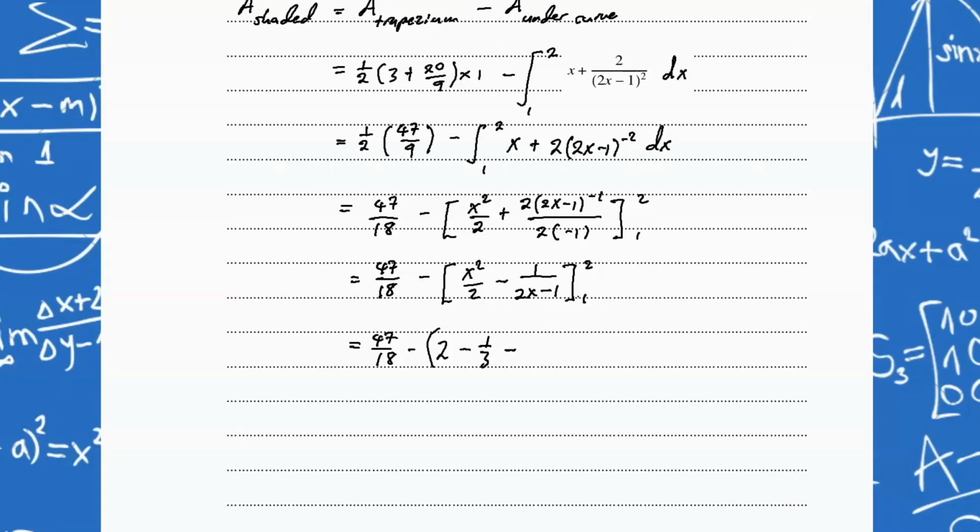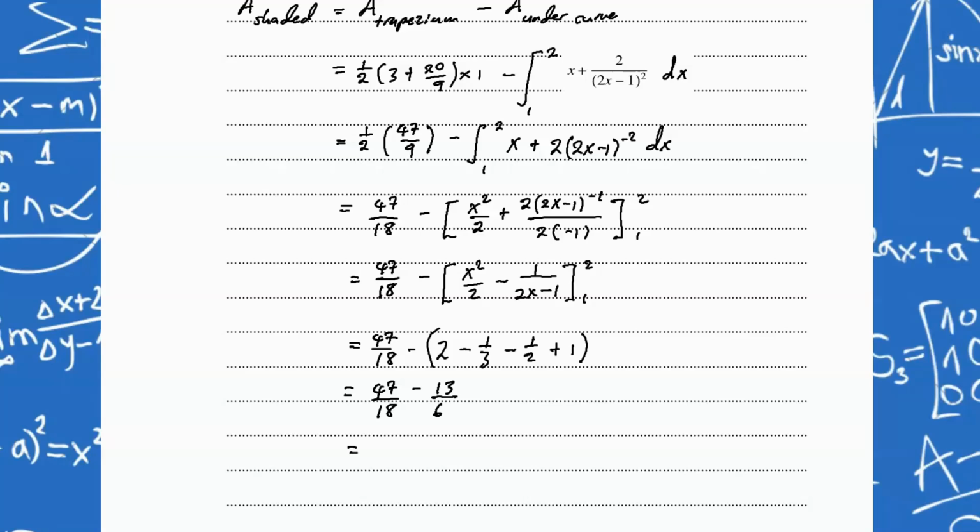And it's going to be minus, now substituting 1, 1 squared over 2, which is a half, and this is going to be plus 1 over (2 times 1 minus 1), which is 1. So this is going to be 47 over 18 minus, here 2 plus 1 is 3, and 3 minus a third minus a half should give us 13 over 6.